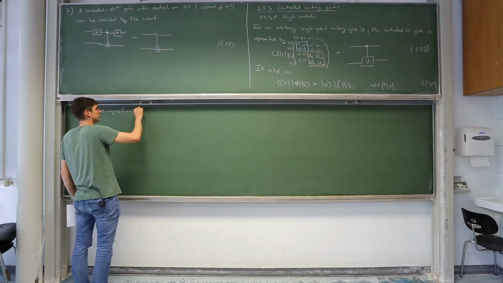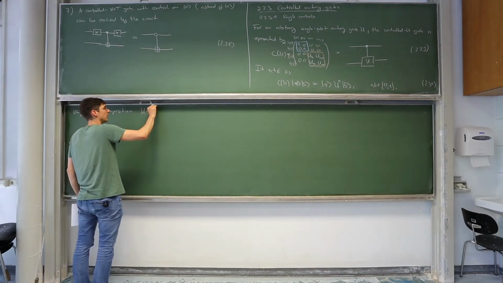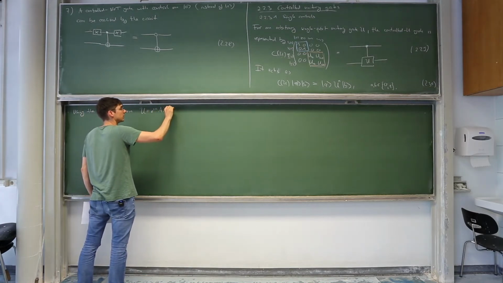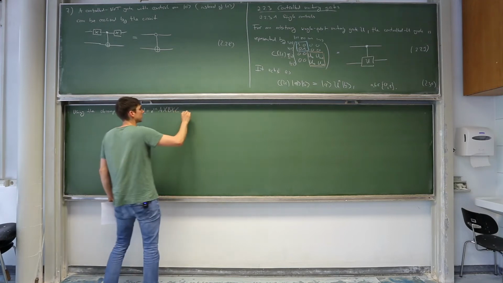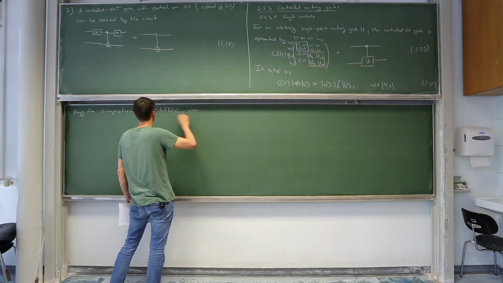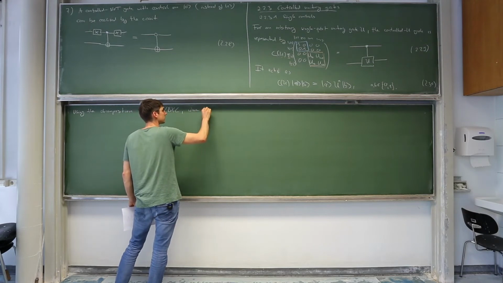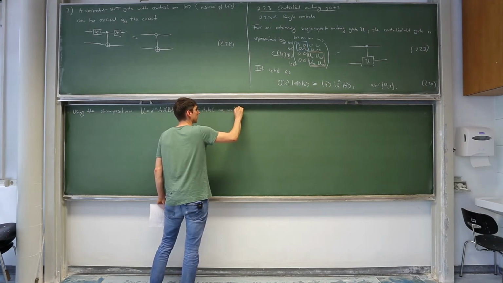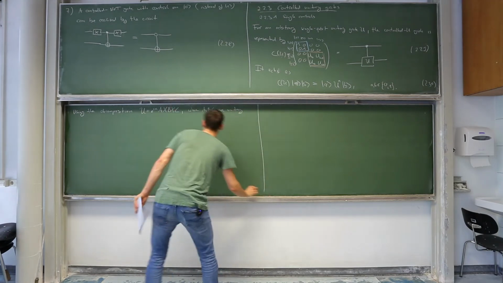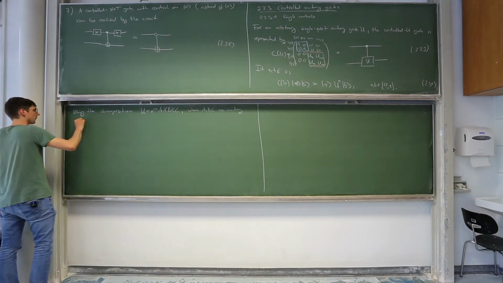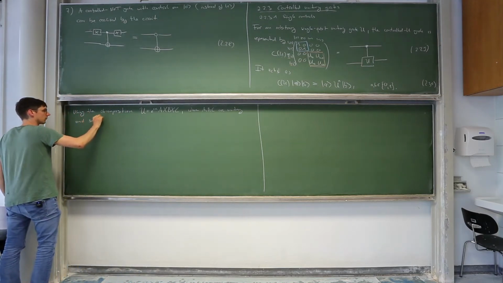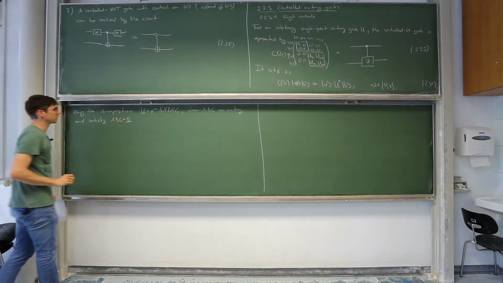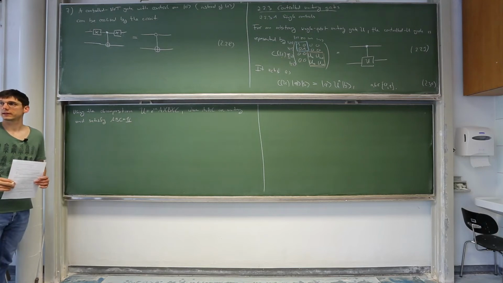Last time we've seen that we can write U as e to the i alpha times A X B X C, where A, B, and C are unitary and satisfy A times B times C is equal to the identity. So we stated this decomposition last time.